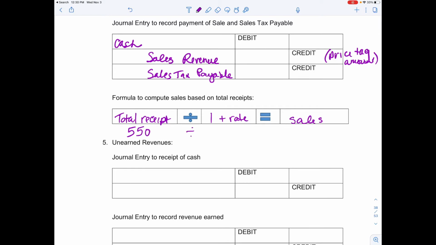Around here our sales tax is 10%. So if our rate was 10%, then we would divide that 550 by 1.10, and that would mean that our sales, or that price tag amount, was $500. It's just a way of looking at it depending on what pieces you're given to show either your total receipts or your sales.